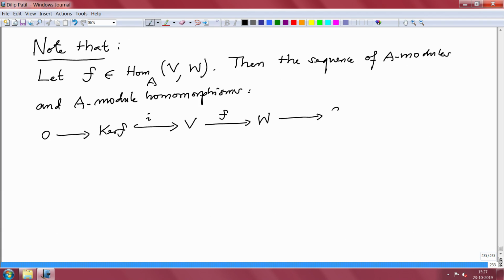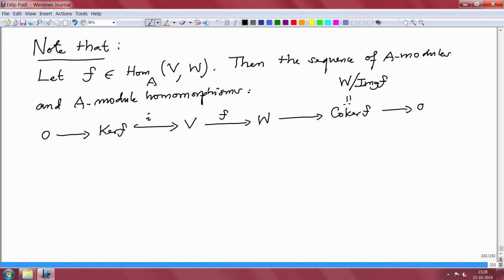To what is called co-kernel F, co-kernel F to 0. And co-kernel F is by definition W modulo image of F. This is the quotient module or residue class module of W by image of F.